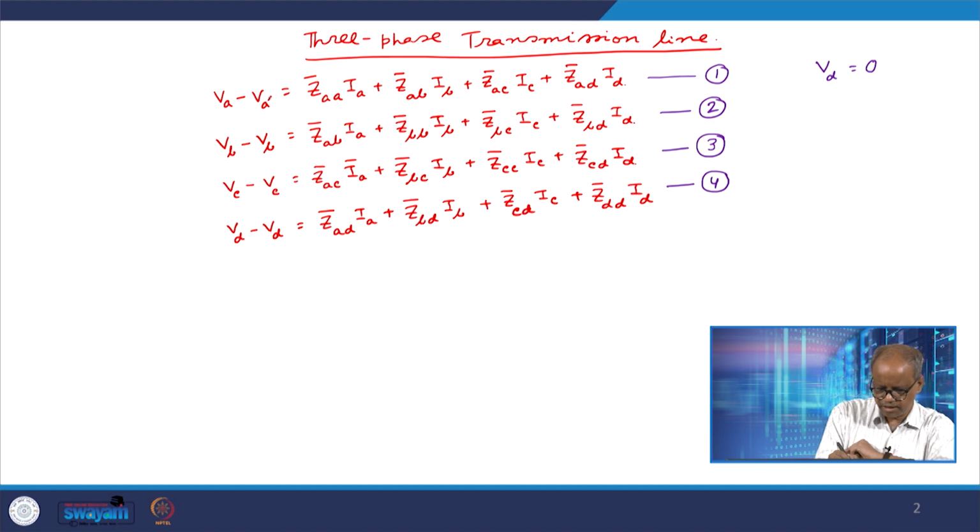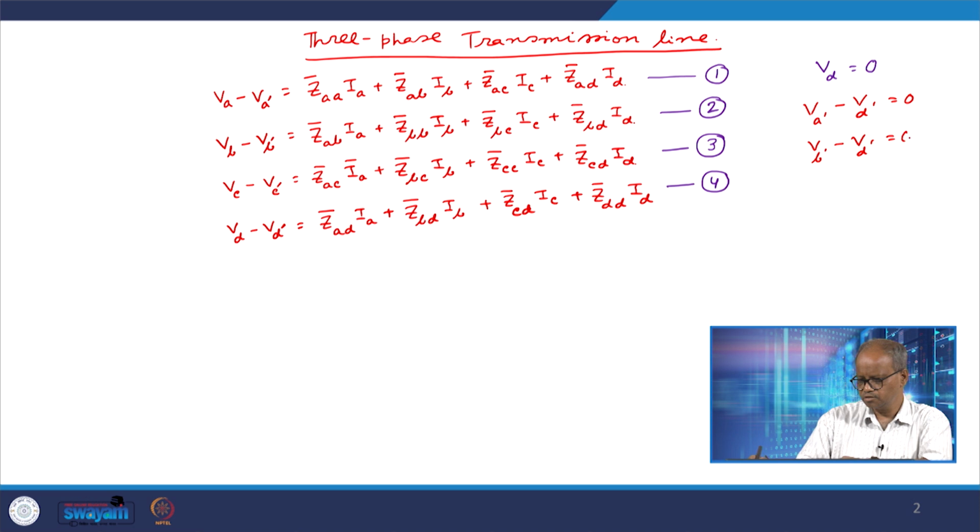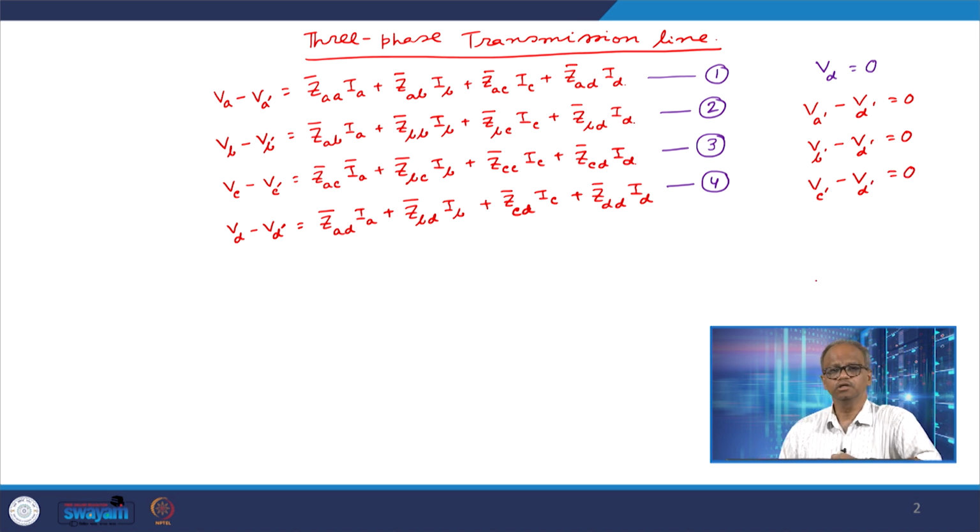This is VA dash here, VB dash here, VC dash here, VD dash here; the dash is after the points A, B, C and D. We have seen that VD is equal to 0, and VA dash minus VD dash is also 0, VB dash minus VD dash is also 0, and VC dash minus VD dash is also 0, because all these 4 points are connected to the remote ground.